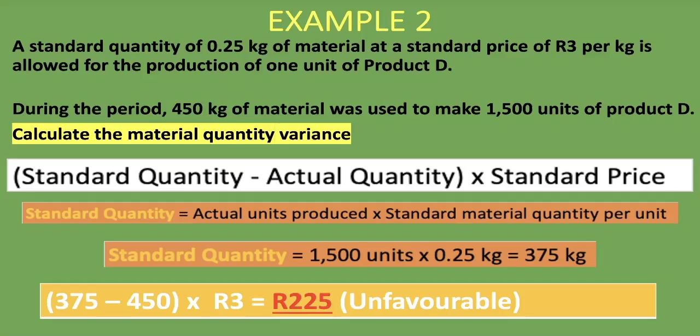That means we had material of very low quality, and that is why we ended up using more than we should have used. Now, obviously, the inverse would have been true if it was favorable: that we had very good quality material, or our machinery is performing optimally, or even our production team is doing a very good job in making sure that they're efficient in their production. That is if it was favorable. So that is how you would answer that question as to why it should be favorable or unfavorable.